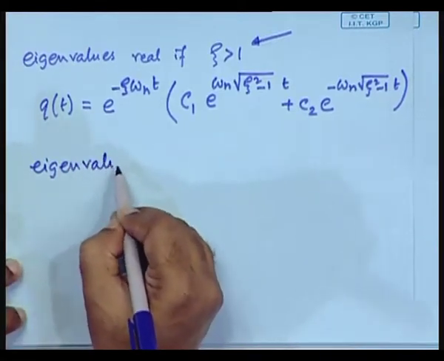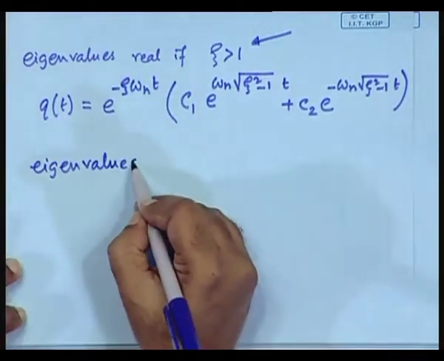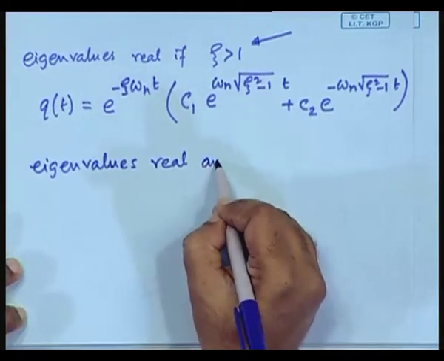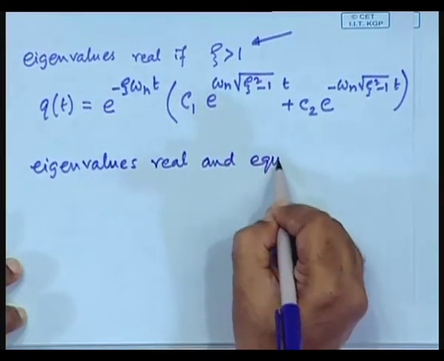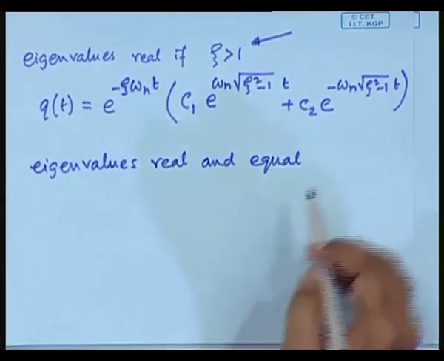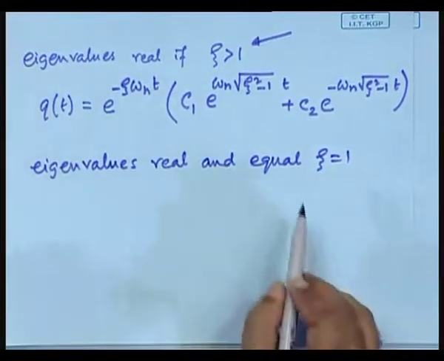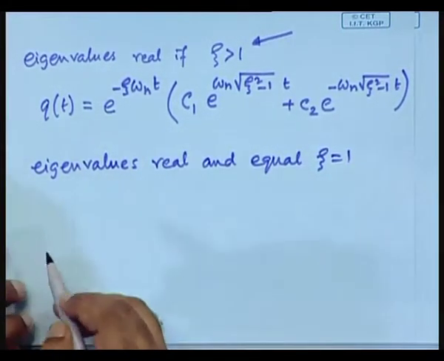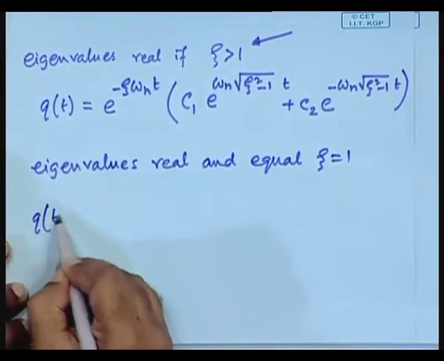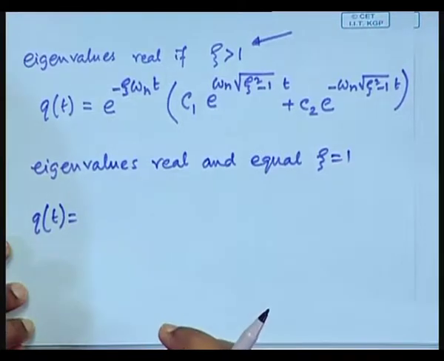Okay, let us consider second the real and equal, then we will consider the complex conjugate. When does that happen? Zeta is equal to 1, that is the critical case. Then the solution will be, you have already learned that, q t is equal to, what will it be?